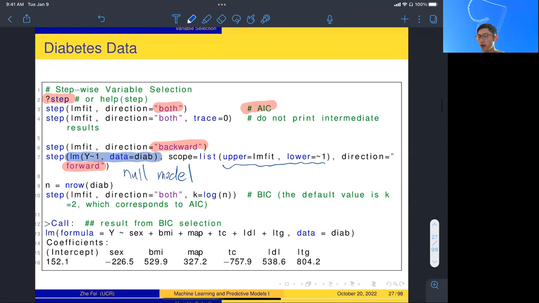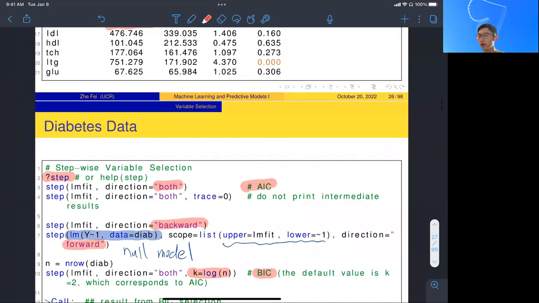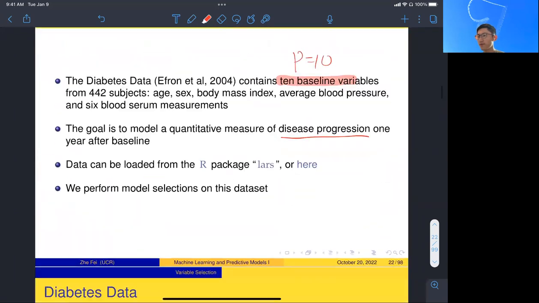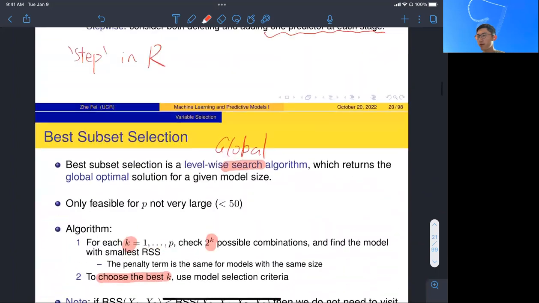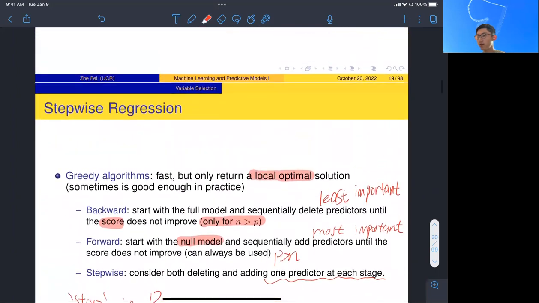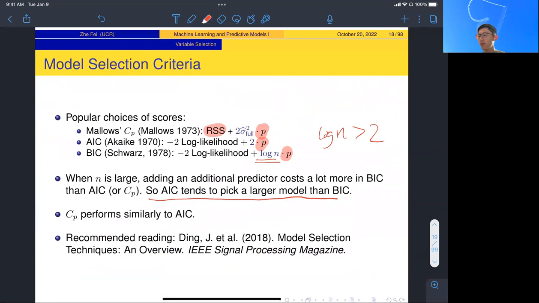And if we print out, one more example is, when we specify k equal to log n, that corresponds to the BIC criteria. As we know, the k corresponds to the parameter in front of our penalty p.